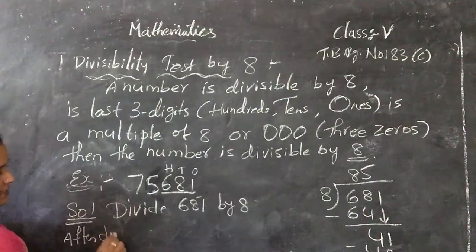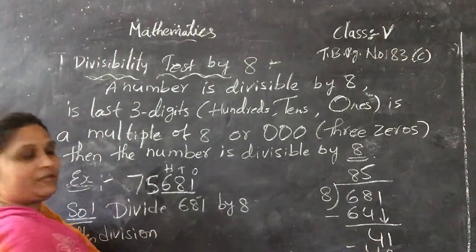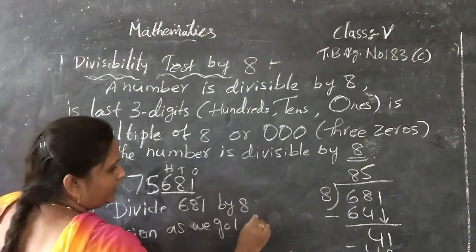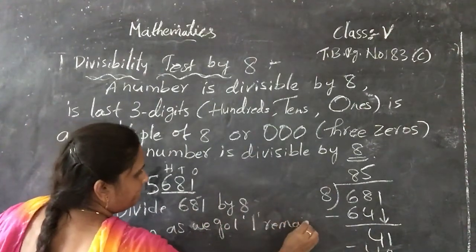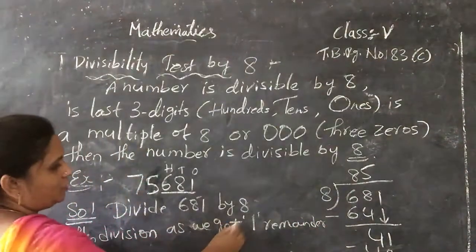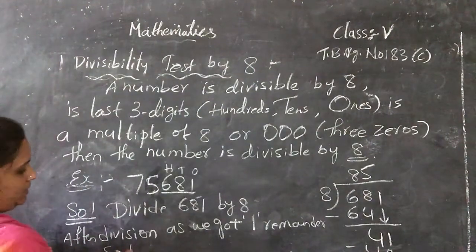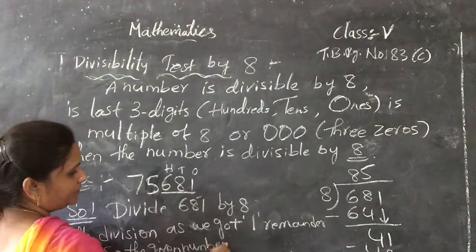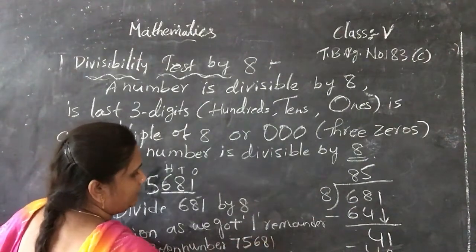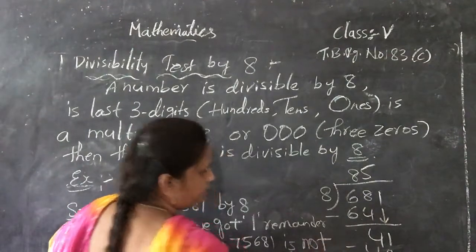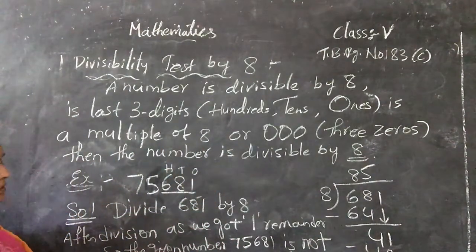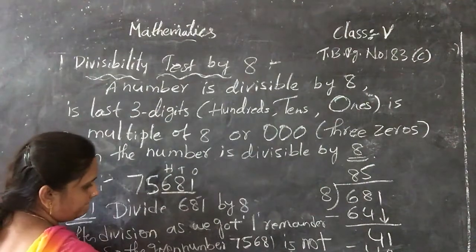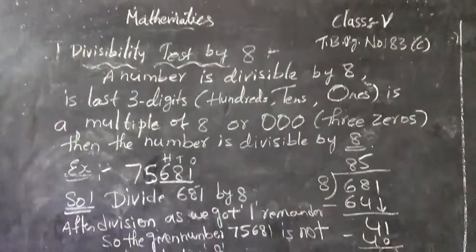After division, as we got 1 remainder, so the given number 75,681 is not divisible by 8.